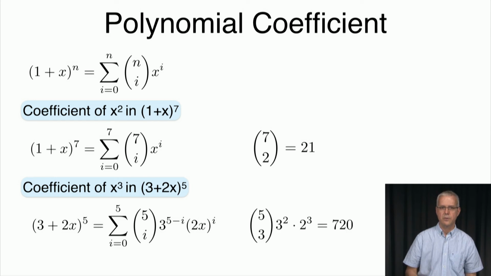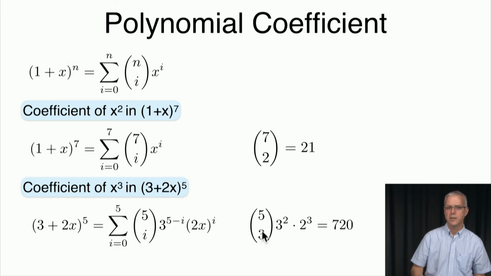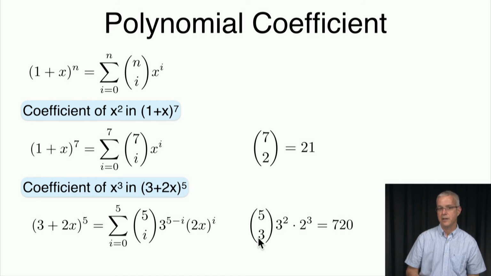And when i is equal to 3, the coefficient is going to be 5 choose 3 times 3 to the 5 minus 3, that is 3 squared, and then times 2 cubed. So 5 choose 3 is the same as 5 choose 2, which is 5 times 4 divided by 2, which is 10. And 10 times 9 times 8 is 720.